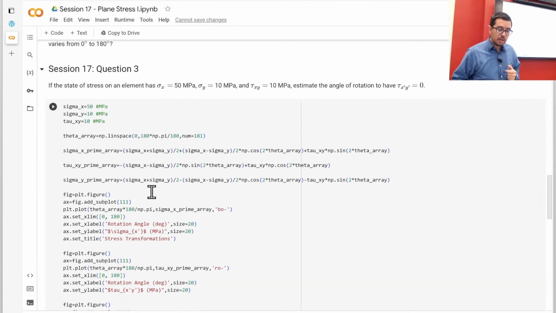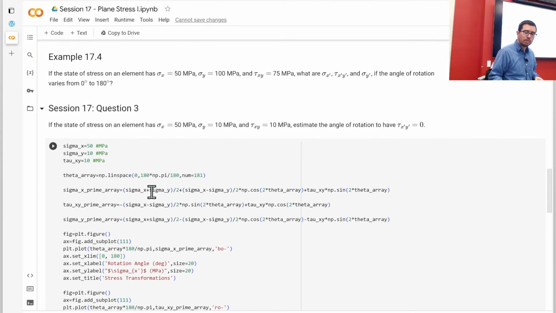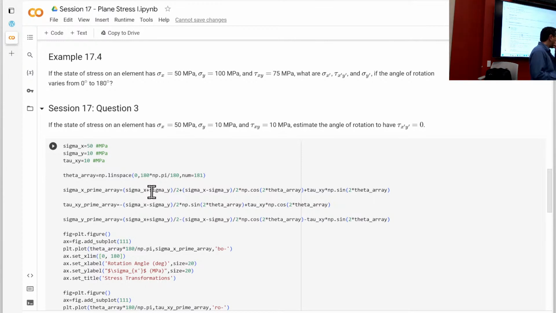Now, one note, there's going to be a problem where it says, what is the angle rotation necessary to get something to be equal to 0? It's not a bad idea to plot that out on Colab and then see where it crosses 0. All right. I'll be going around to answer questions.